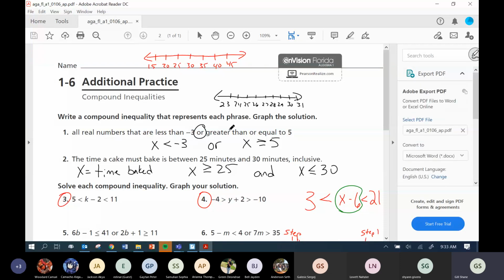Let me see if I can erase it. Yep. So hold on, a student just walked in. So hold on just a second. Thank you.